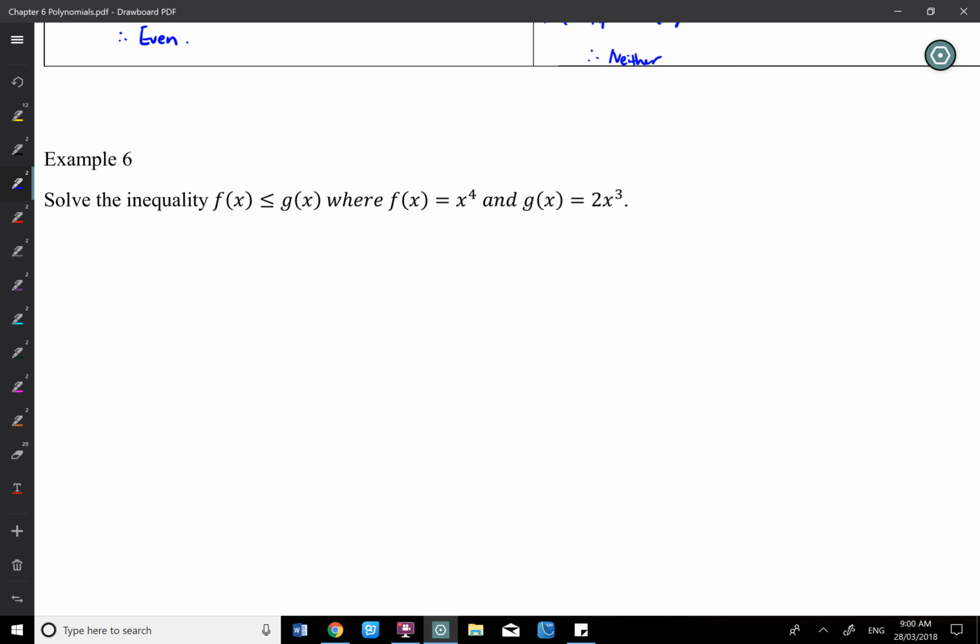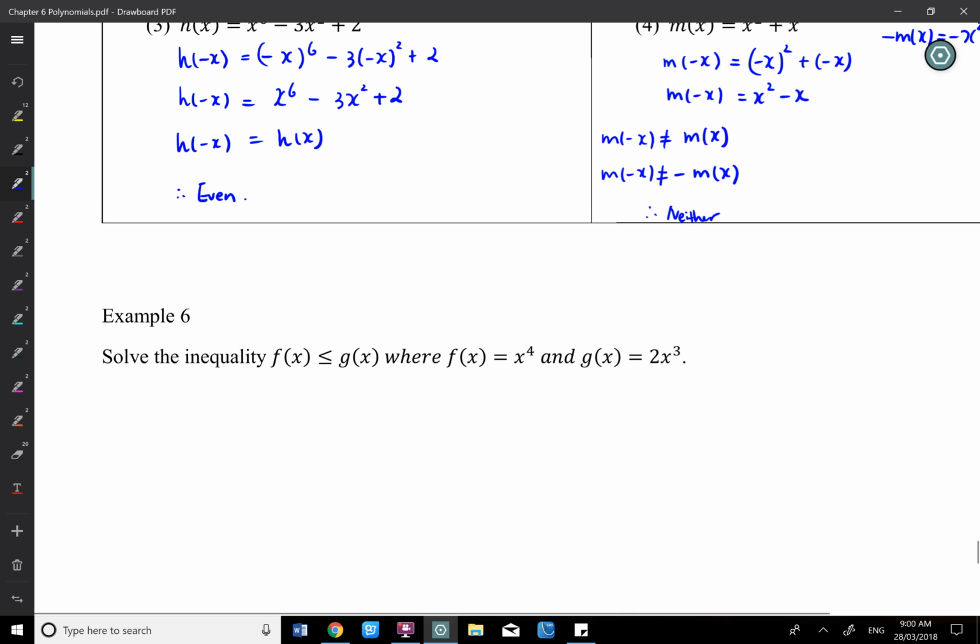So you just need to remember the properties. An even function is symmetrical about the y-axis, so all the x-intercepts need to be symmetrical about each other. If you have an x-intercept at 2, then you must have another one at negative 2. You have 3, you have negative 3. And an odd function is like a rotation about the origin, so it's symmetrical about the origin. That's all you need to remember.